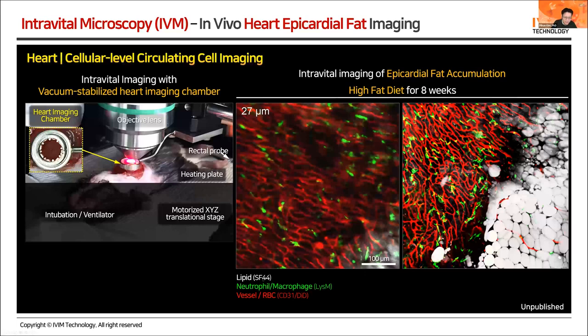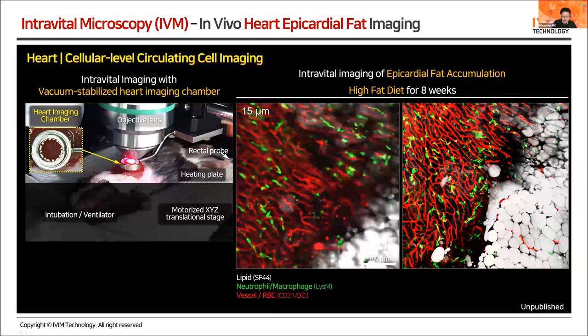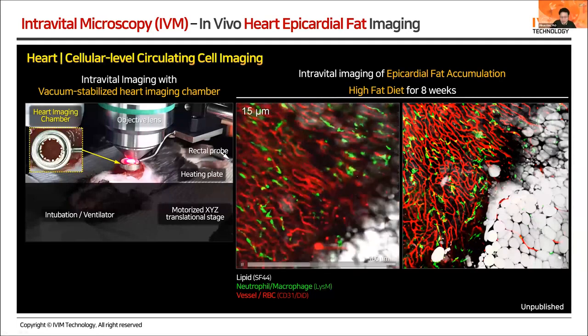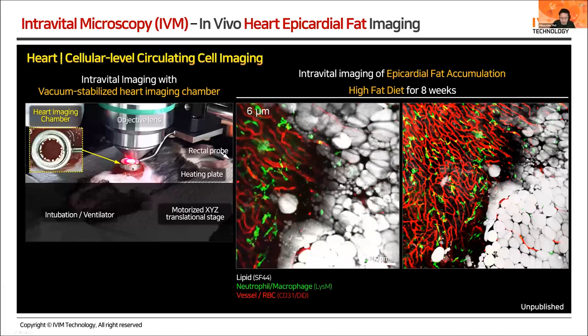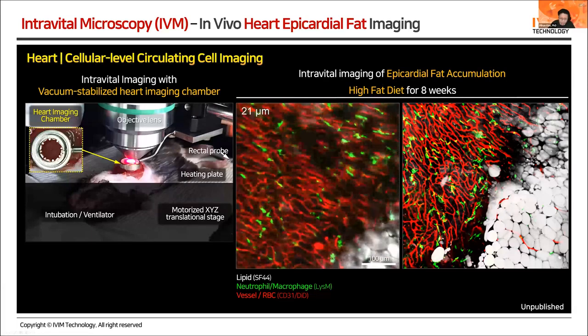The intravenous injection of this SF44 systemically labels all the lipid inside the body, and then we can take an intravital image from the heart and detect this epicardial fat in the heart after this high fat diet.